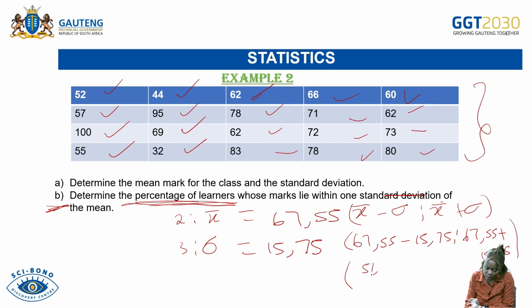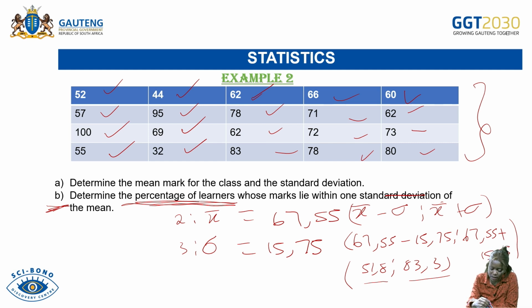It's 51.8, and then the other one is going to be 67.55 plus 15.75, and then you will get 83.3. So it means in our data set we are going to look for the values that are above 51.8 but less than your 83.3, right?